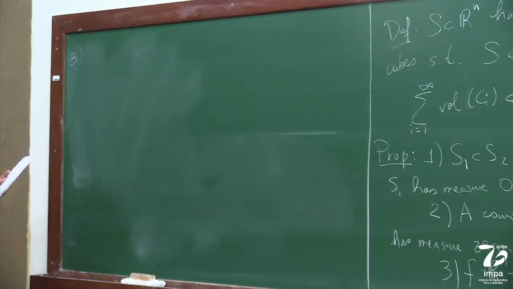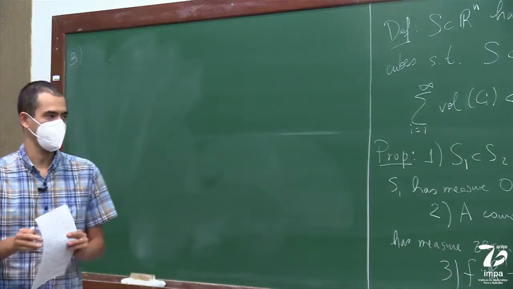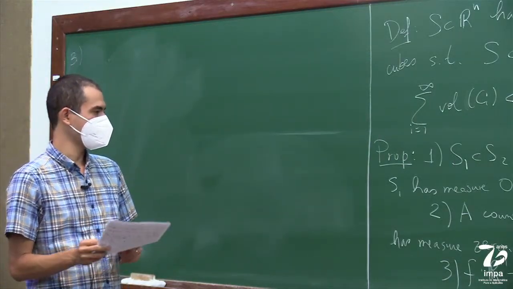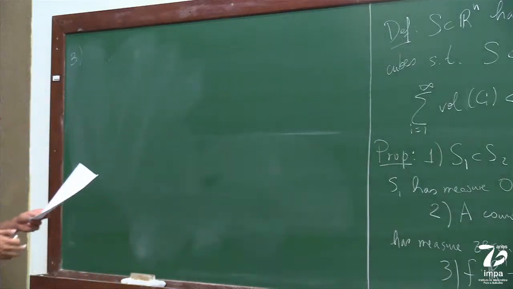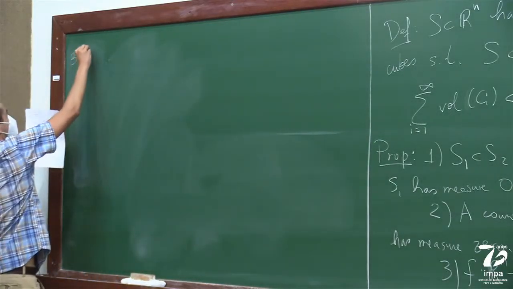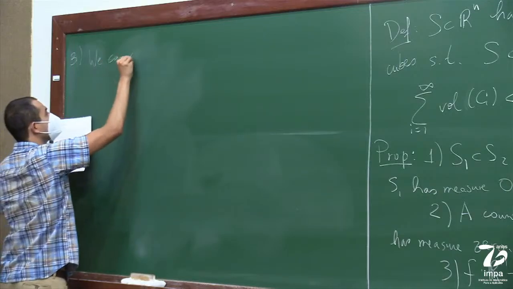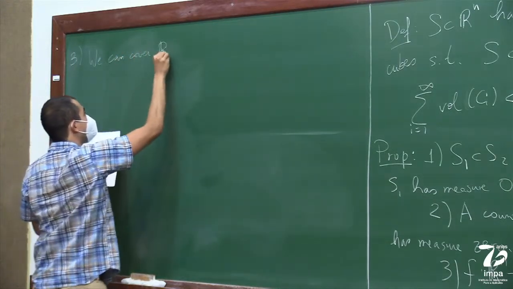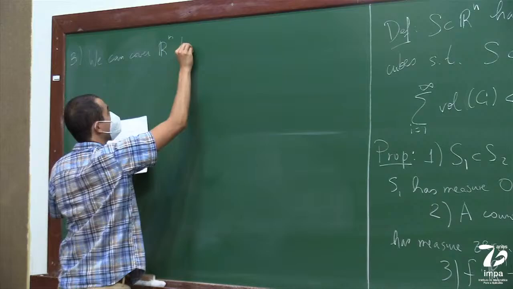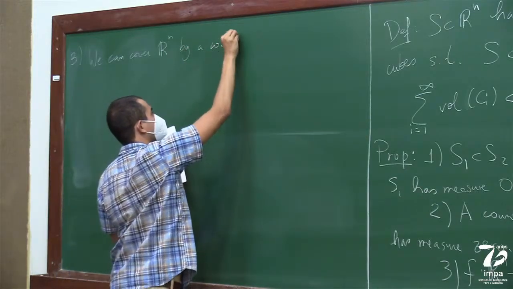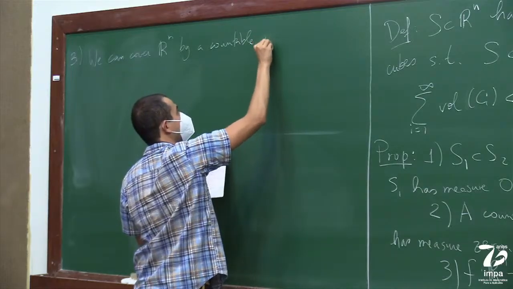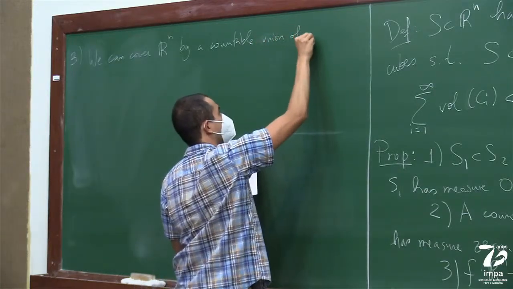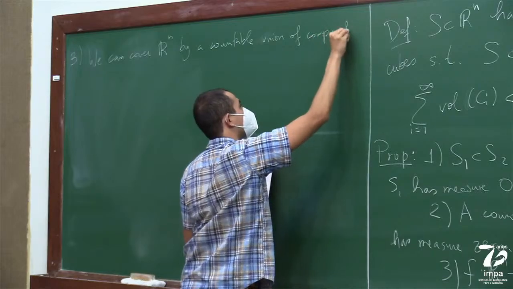Number 3, that's a little more interesting. If I take a set of measure 0, then its image also has measure 0. So how do we show that? So first, we can cover Rn by a countable union of compact sets.